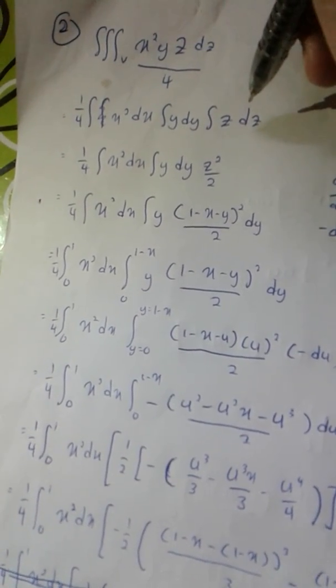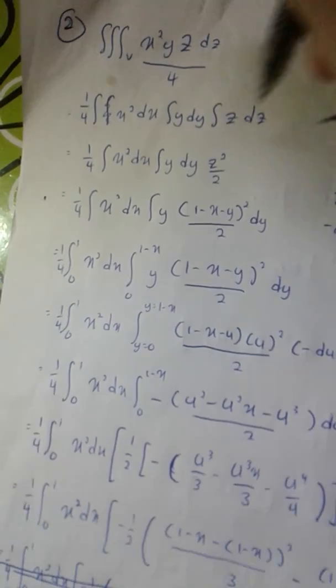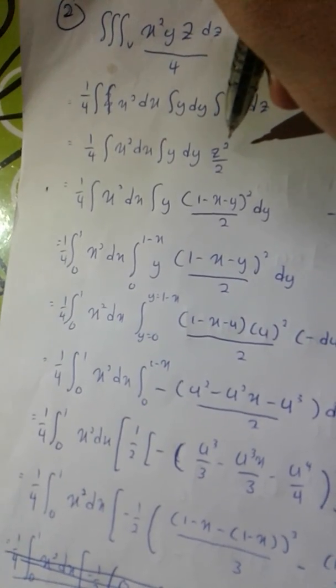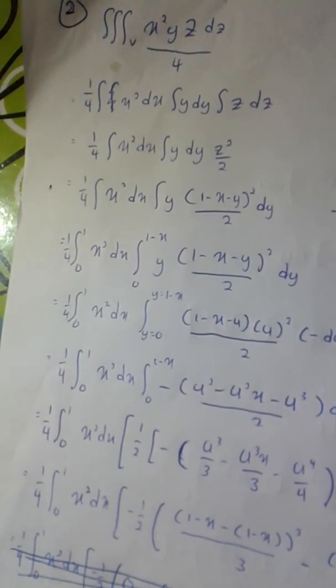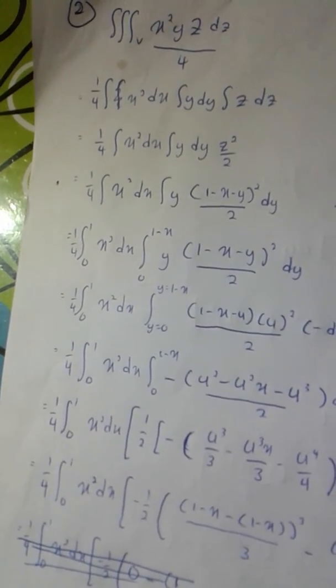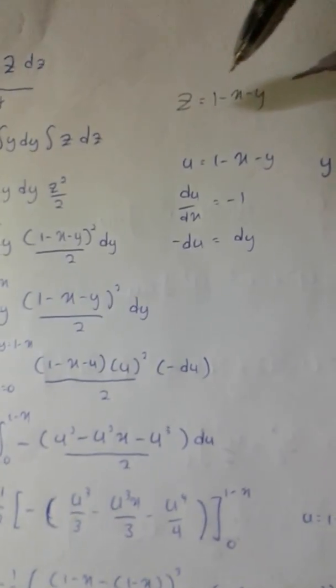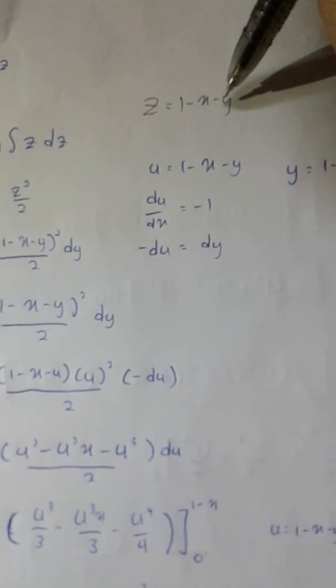Okay, firstly we integrate the z terms, and the result is z squared over 2. Next, in terms of y, as we know the equation is z equals 1 minus x minus y.